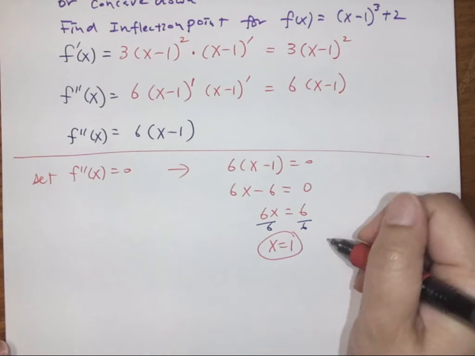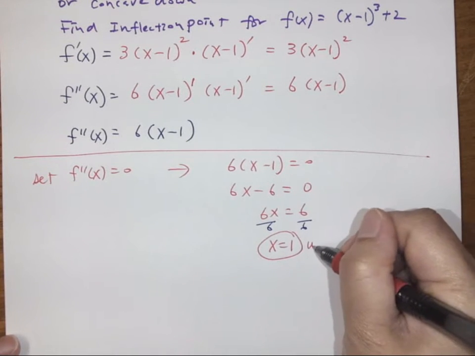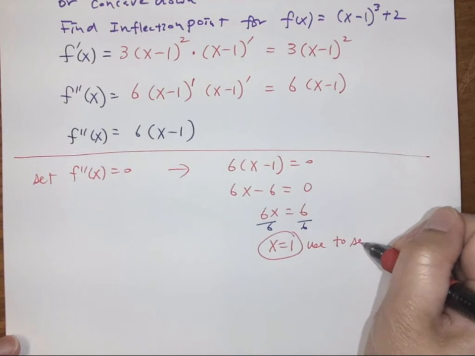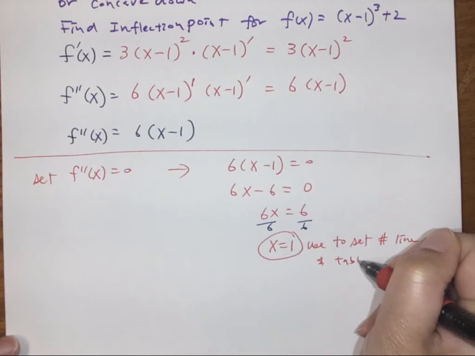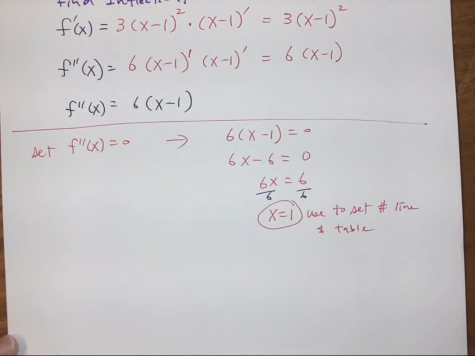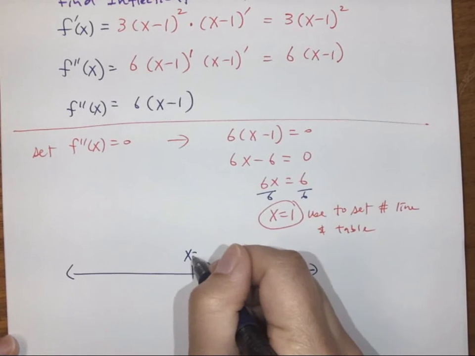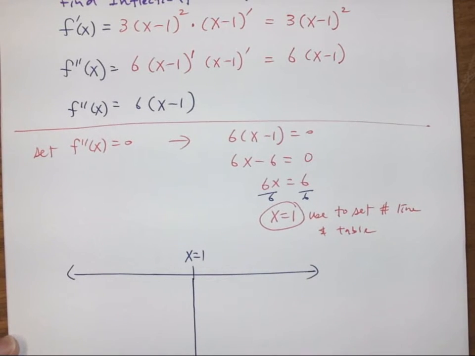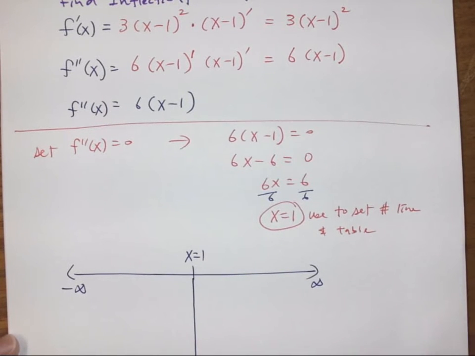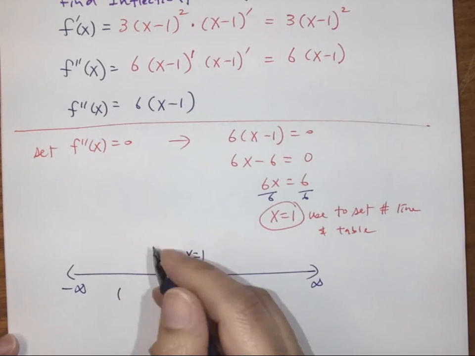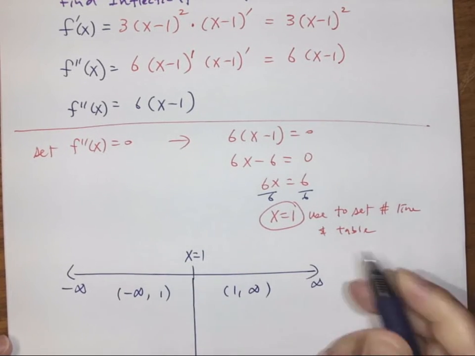Okay, so this number we can use as a boundary point to set up a number line and table. So I have x equal to 1 here, and this is negative infinity, this is positive infinity. Then I will have negative infinity to 1 and 1 to infinity.